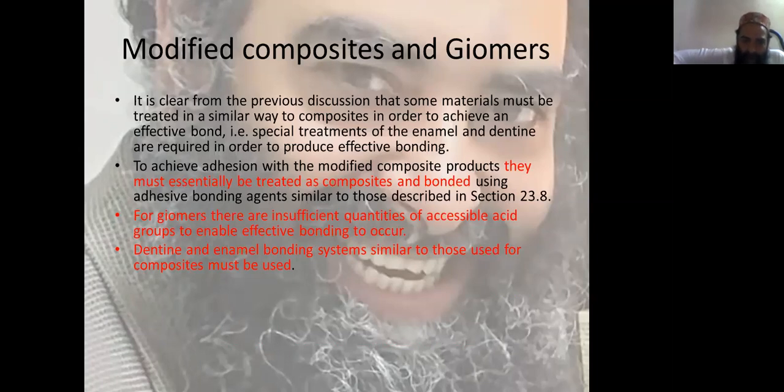For giomers, there are insufficient quantities of accessible acid groups to enable effective bonding to occur. Dentine and enamel bonding systems similar to those used for composites must be used for these.